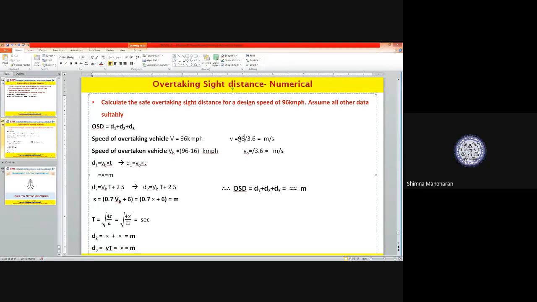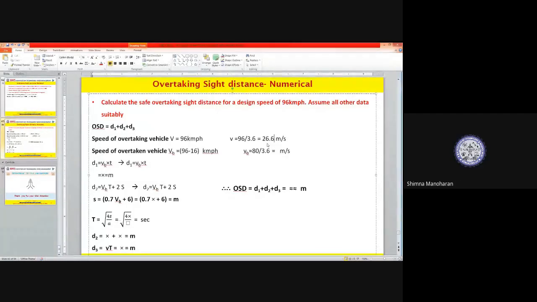Yeah, 96 kmph. Ma'am, 26.6. 26.6 meter per second. Okay. 26.6, right? Yes, ma'am. Okay.